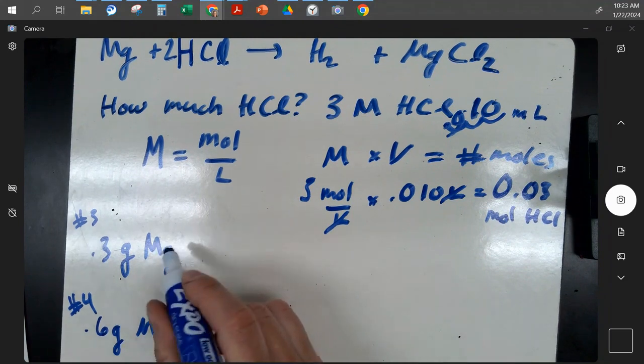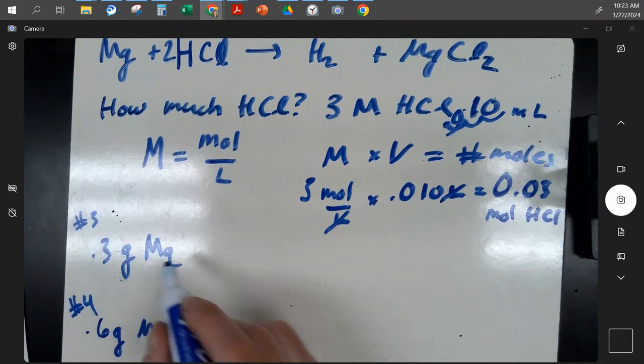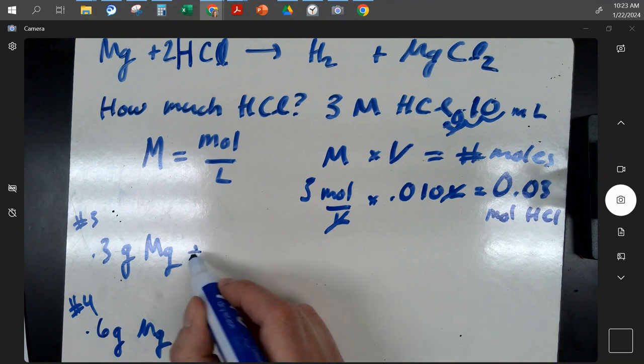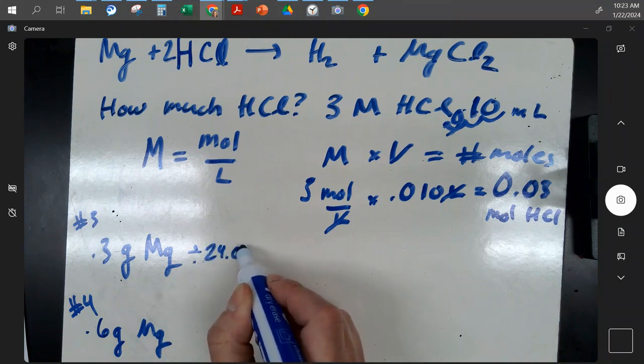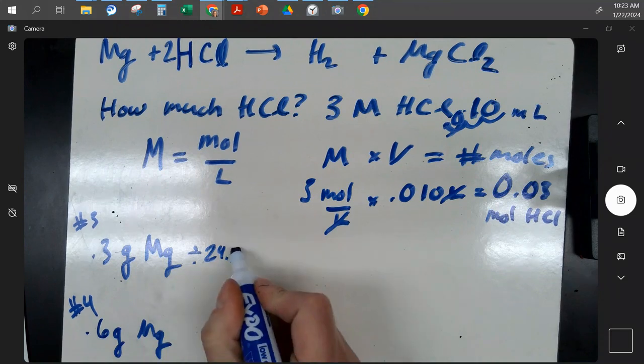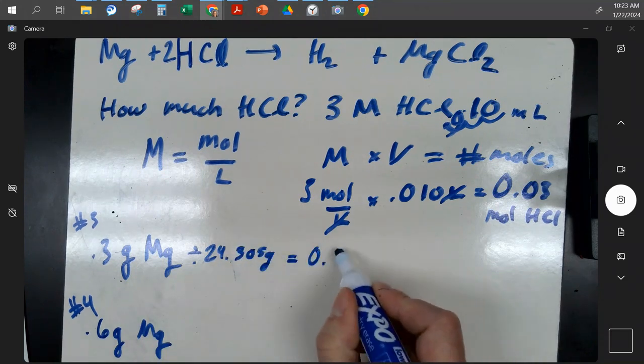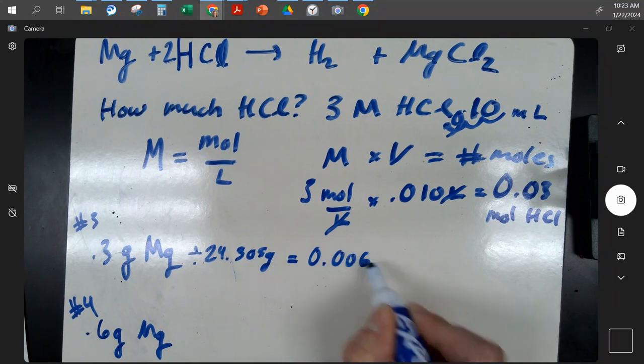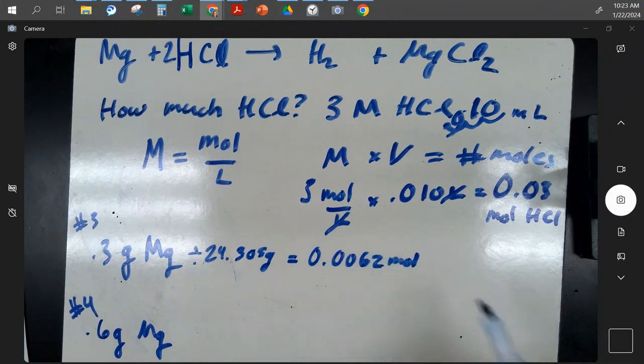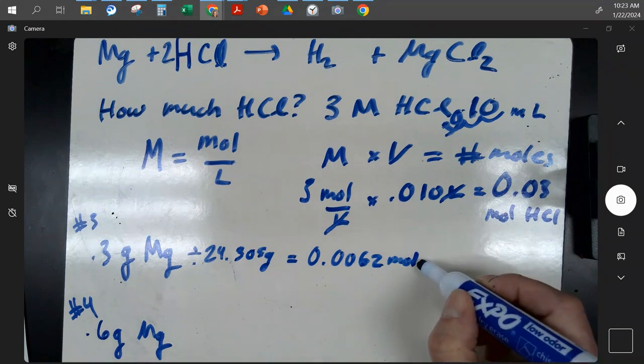So we already figured out if we use 0.3 grams, we divide it by the molar mass, 24.305. That was 0.0062 moles of magnesium.